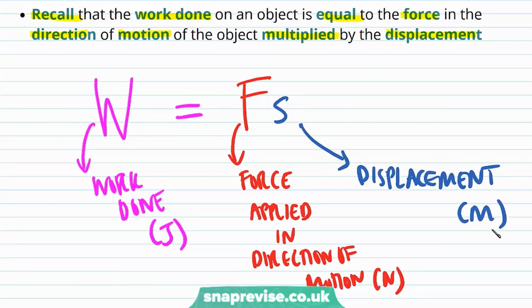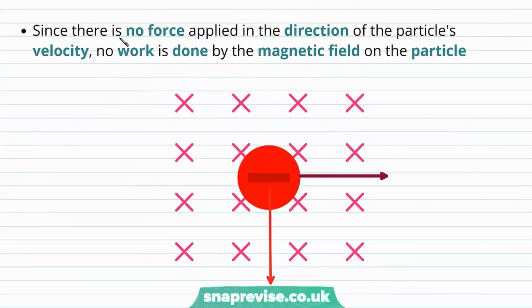Note that velocity is perpendicular to the direction of the force, so there's never any displacement in the direction of force, and so the work done is zero. Since we have no force applied in the direction of the particle's velocity, no work is going to be done by the magnetic field on the particle. So our velocity is perpendicular to the force.